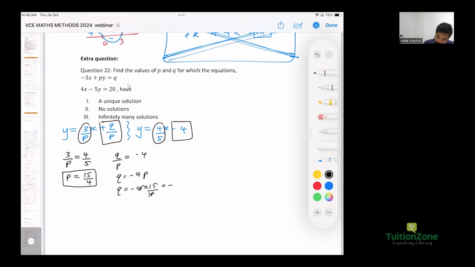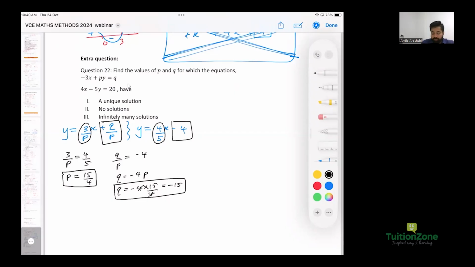Cancels, which is negative 15. See, we just found the two answers possible for the p and the q. And then the next step is you need to really see which ones, when you sub it in, what are the options we get.